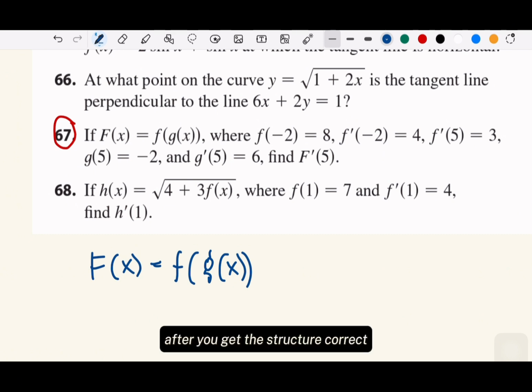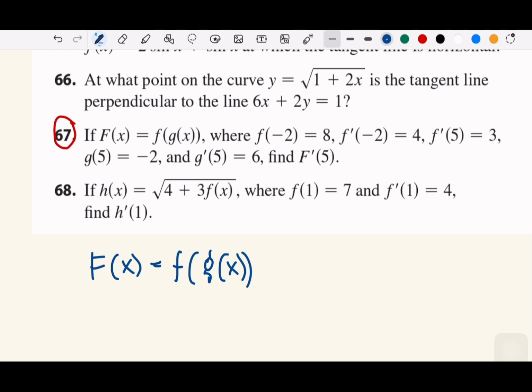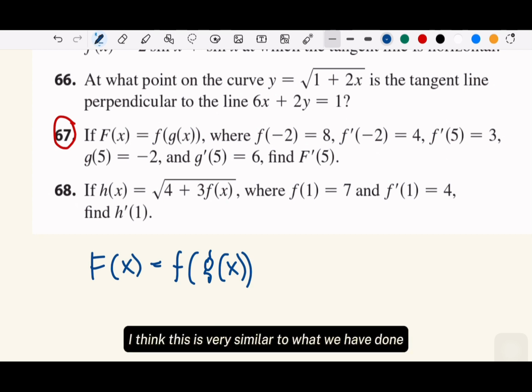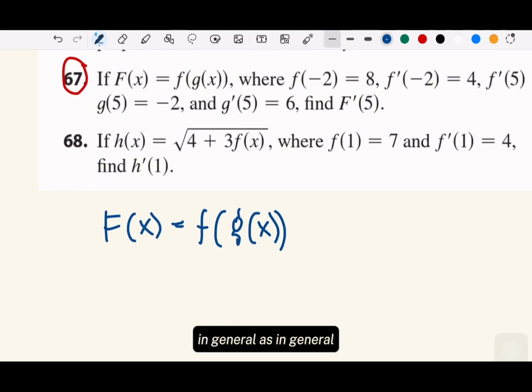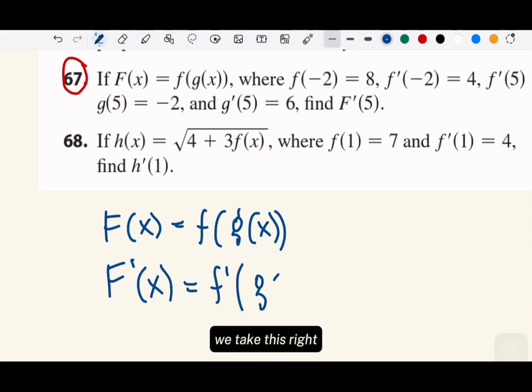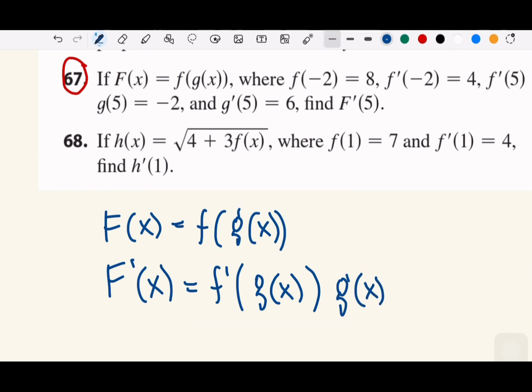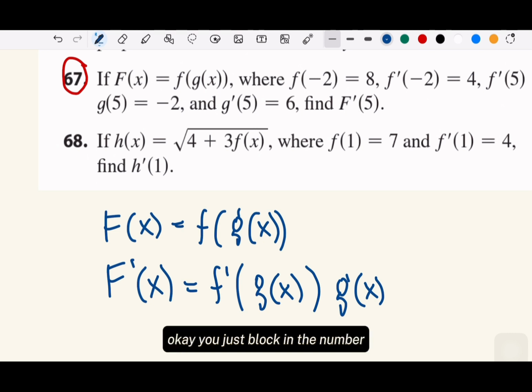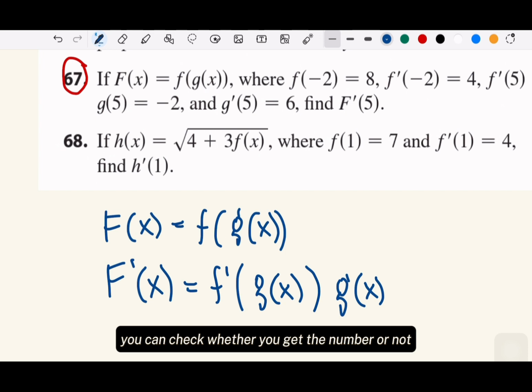After you get the structure correct, then you put the numbers and you can confirm the numbers on the question. This is very similar to what we have done in chain rule in general. So if we take the first derivative, we write this, just like you did before. And what's next? We just plug in the number. We get 5 in the question, so we put 5 inside, 5, 5, 5, and one by one you can check whether you get the number or not. And then you can just multiply, and that's it.